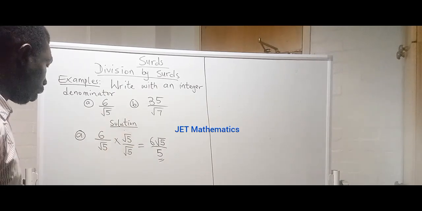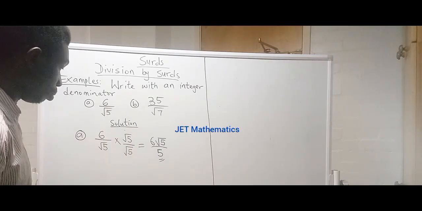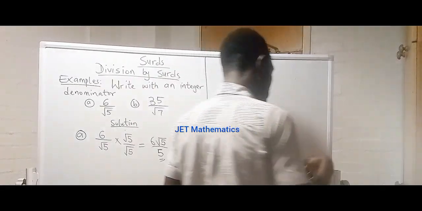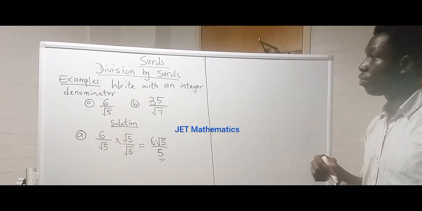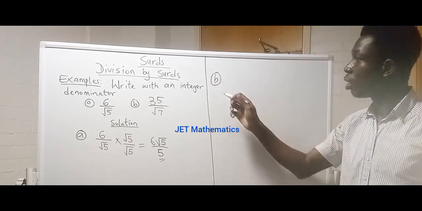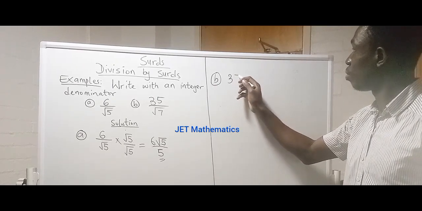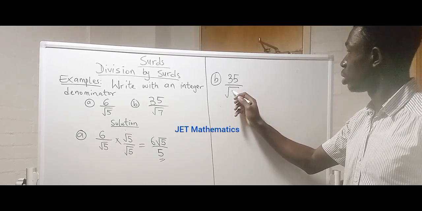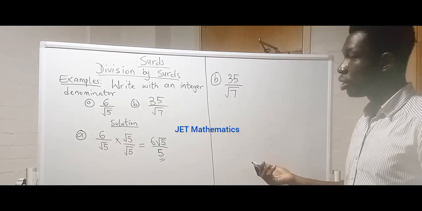Let's see the B part, a little bit different. So let's use this part of the board. For the B part, we have 35 over root 7. So it's still the same thing.